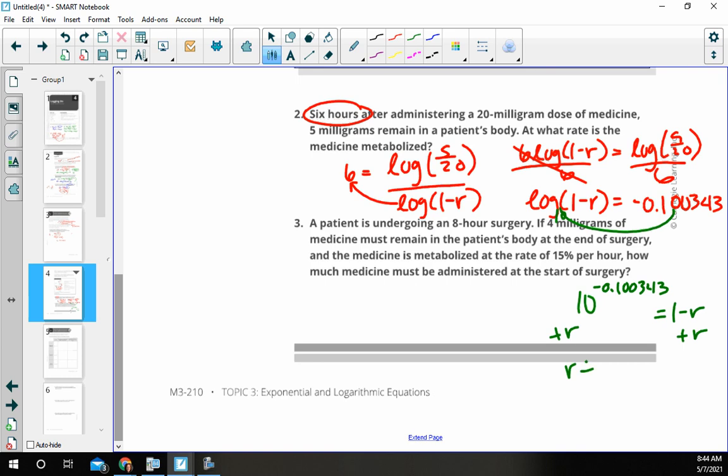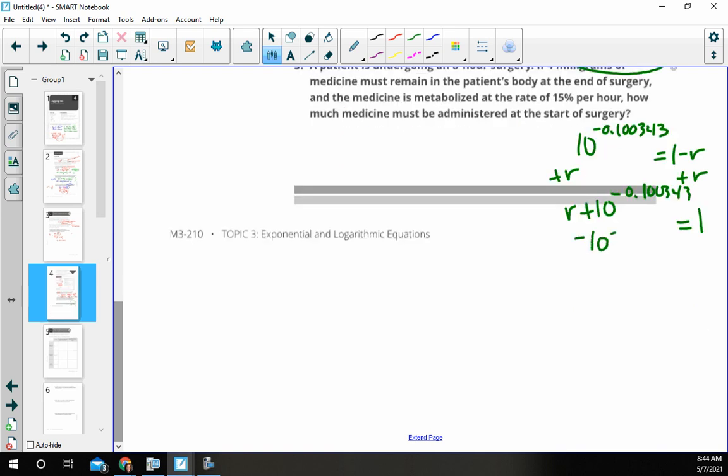So it's r plus 10 to the negative 0.10043 is equal to 1. And then subtract this 10 over to the other side. Okay, so we'd have r is equal to 1 minus that 10 to the negative 0.1003433319.